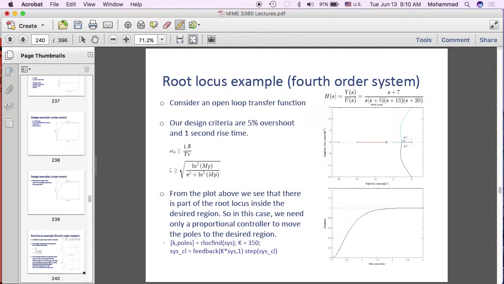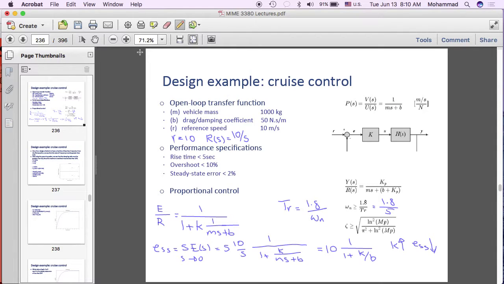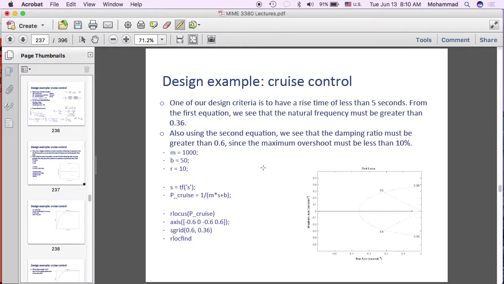So let me go back to our example. So we know by now that our zeta has to be more than 0.6. So the first thing we know is based on maximum percentage overshoot. So we want maximum percentage overshoot to be less than 10%. From the formula, you get that zeta has to be at least 0.6. Now, this is 0.6 on the complex plane.